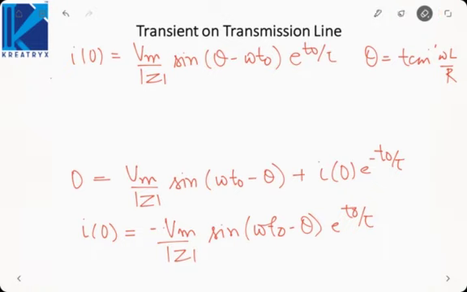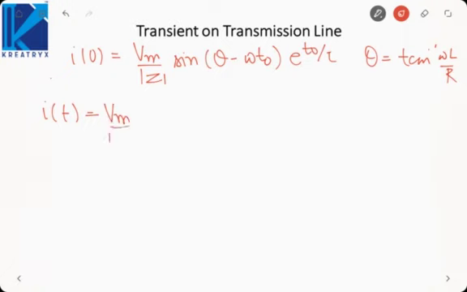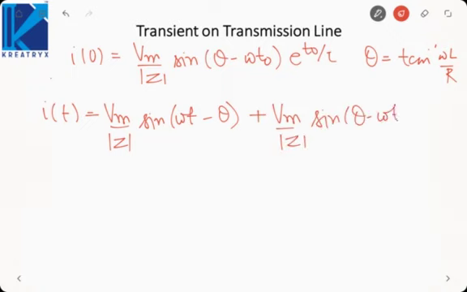So the total equation for current would become IT as Vm by mod Z sin omega t minus theta plus Vm by mod Z sin theta minus omega t naught e raised power minus t naught by tau.